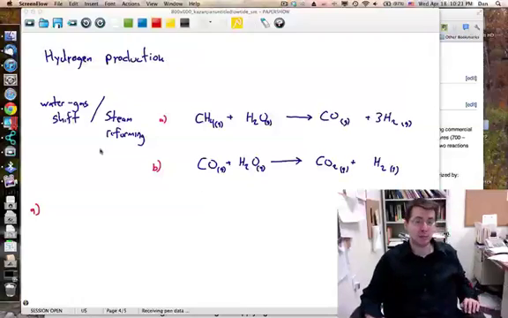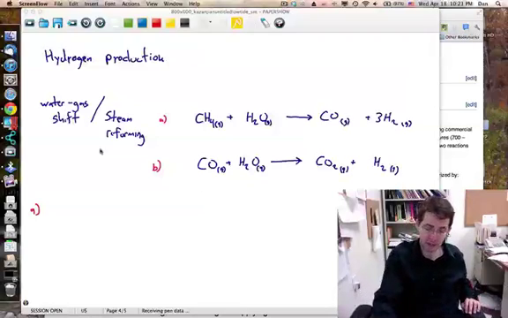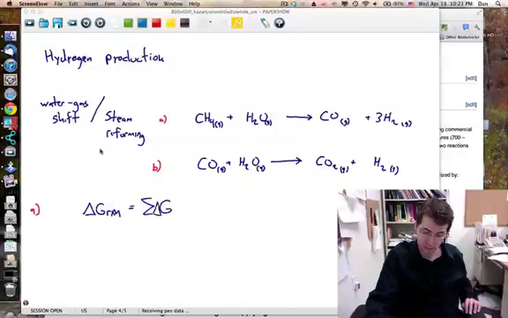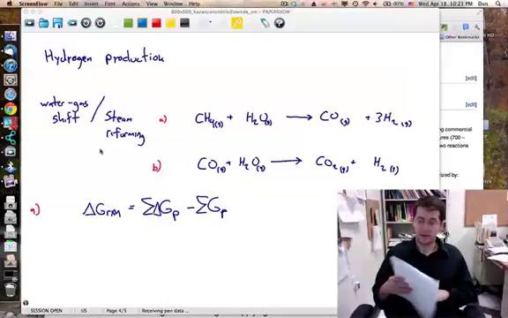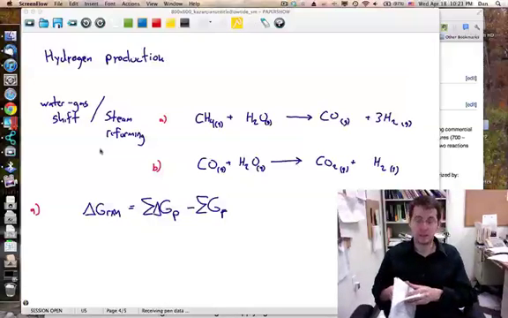Is this reaction spontaneous? Well, the easiest way to figure that out is to determine the delta G of the reaction. The delta G of the reaction will equal the sum of the delta G's of the products minus the sum of the delta G's of the reactants. And so we can go to our tables and dig up the delta G's for each of these components.